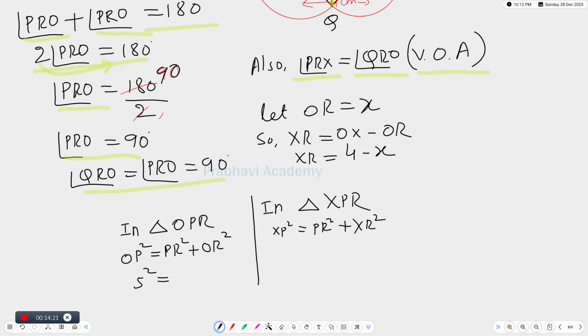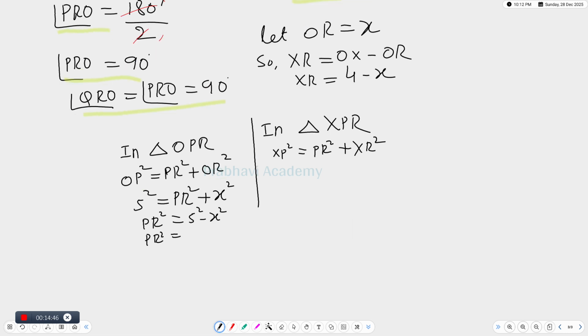OP square is 5 square. PR square we don't know, and OR is X, so X square. Now PR square is equal to 5 square minus X square. So PR square is equal to 25 minus X square.